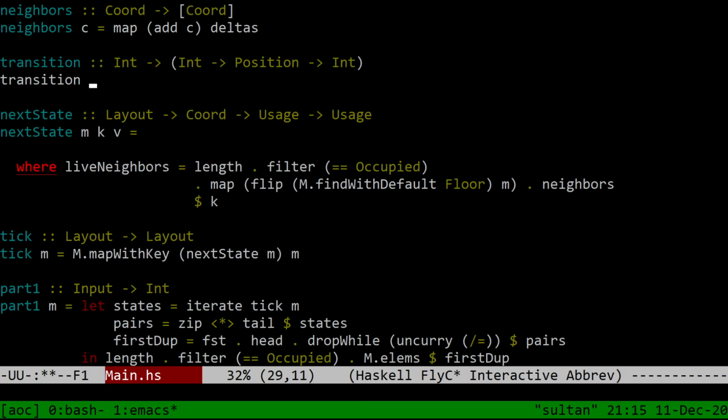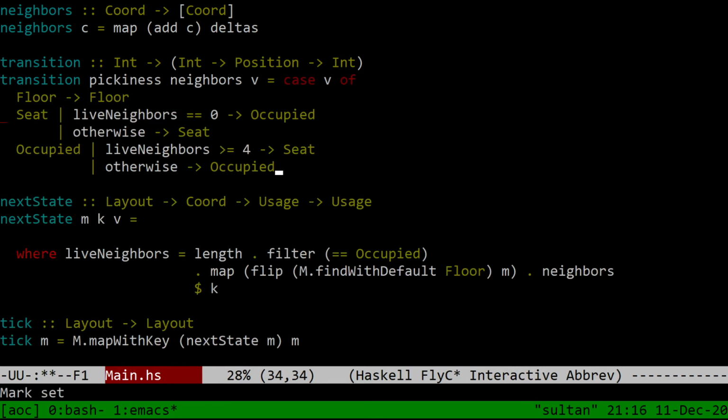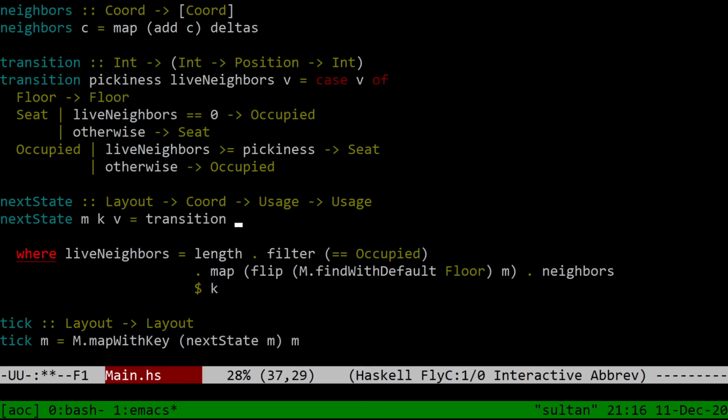Transition pickiness neighbors the equals, and so now we can say transition, and we want our transition function here somehow.